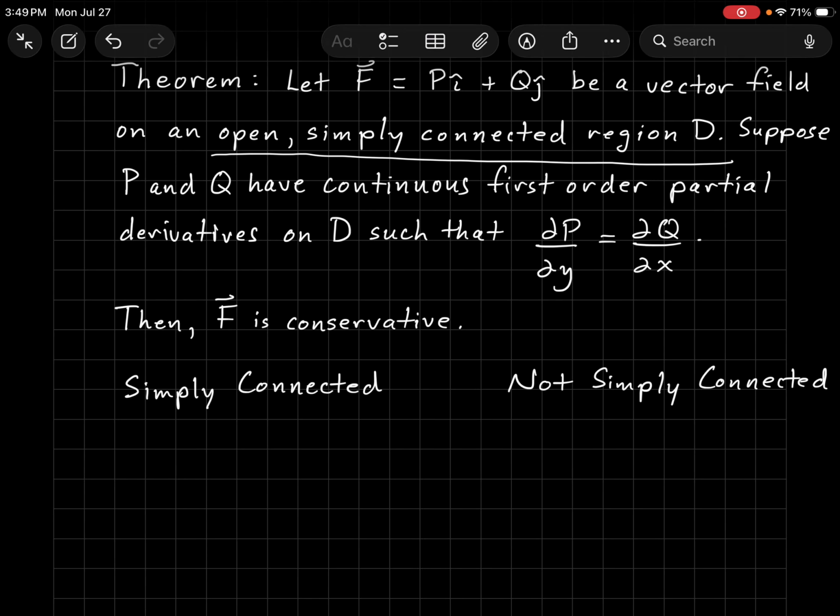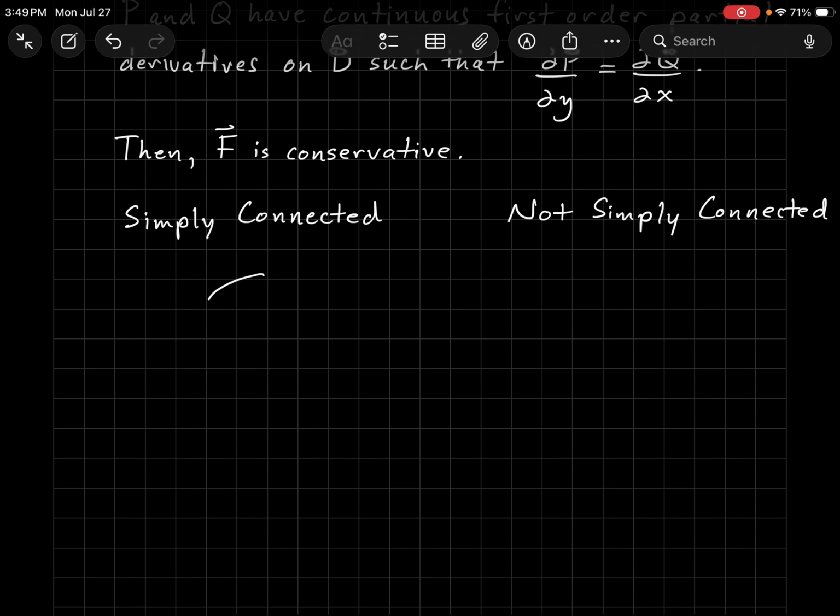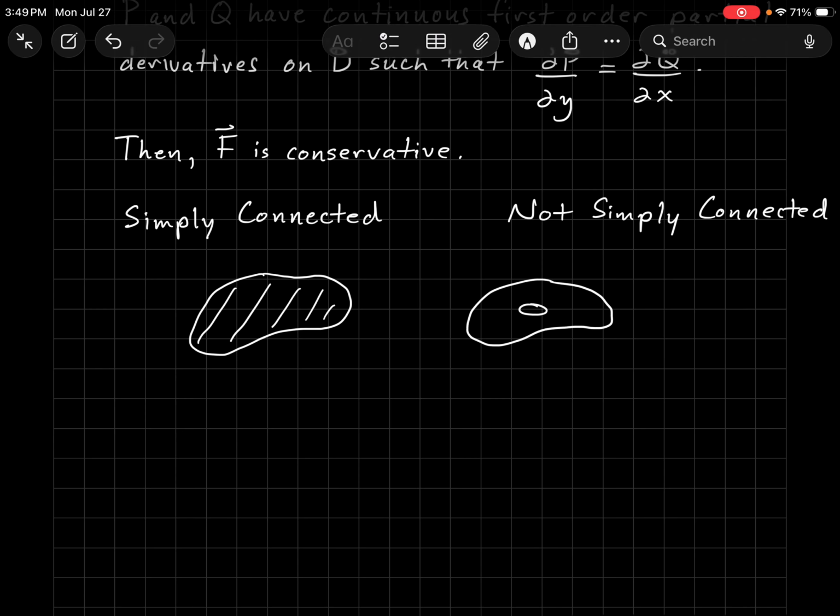Now, in most problems we have open, simply connected regions, but just to show you what they are, this would be a simply connected region. That might not help you understand what it is, but let's do things that are not simply connected. Something like this with a hole would not be simply connected. Or even if we had two holes, or however many we might have.